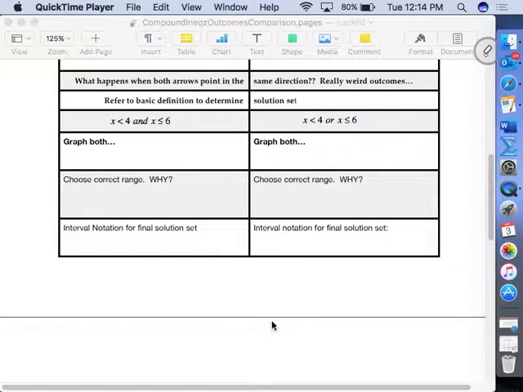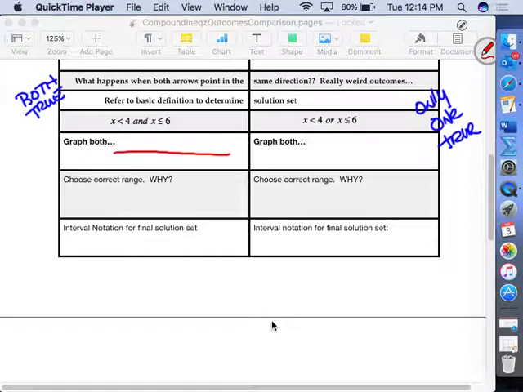So what happens when both arrows are facing in the same direction? And remember that the conjunction side means both have to be true, and the disjunction side, only one must be true. So let's analyze the graph. My first scenario, I've got a 4 and I've got a 6.